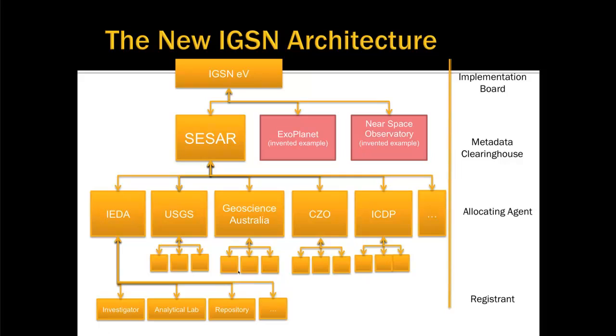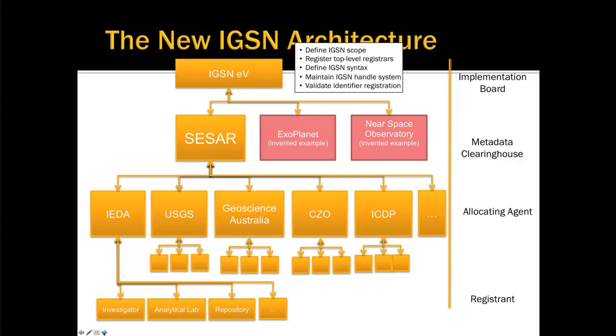And we came up with a new architecture that now allows a federation of allocating agents to participate in a system that is governed internationally by an implementation board. And I don't want to go very deep into this. We have actually founded this implementation board, the IGSN e.V., that defines the IGSN scope, defines the IGSN syntax, and maintains the handle system to make the IGSNs resolvable.